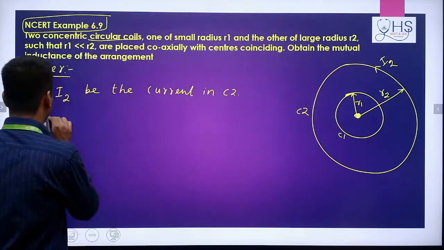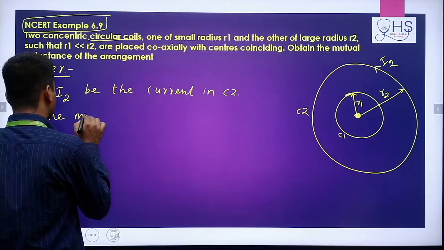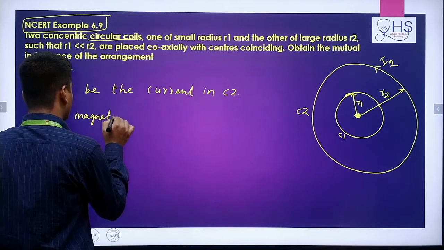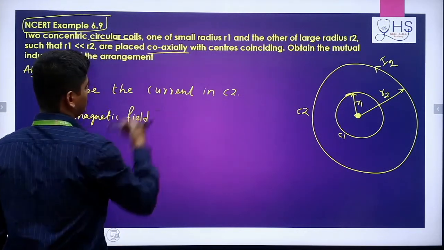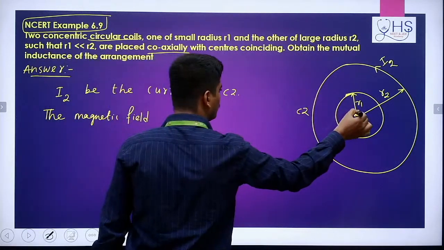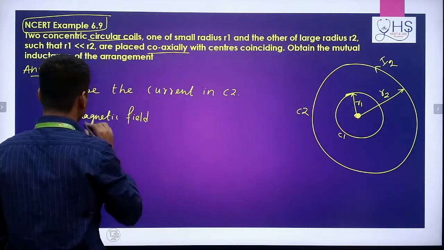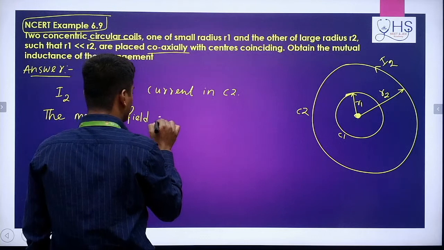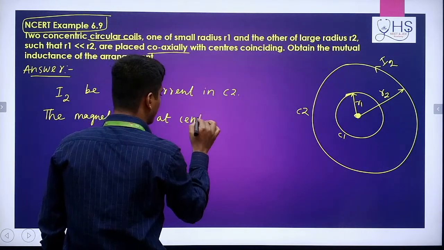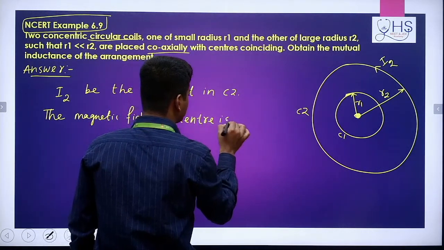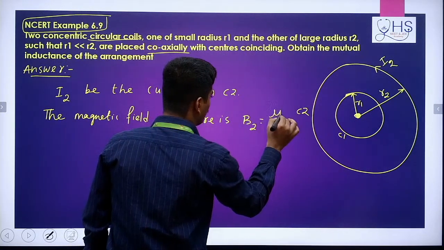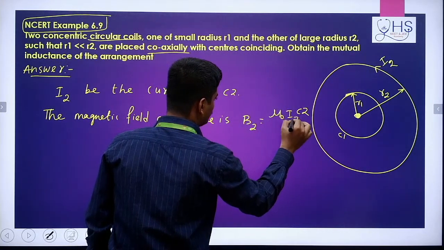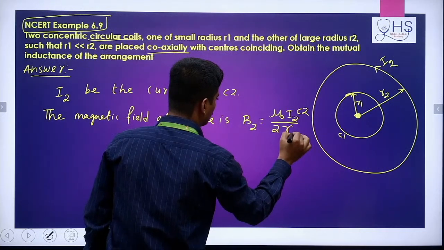The centers are the same, so that is telling here coaxially. The axis will be the same for both. The magnetic field at the center is how much? B2, which is nothing but mu naught I2 by 2R2.